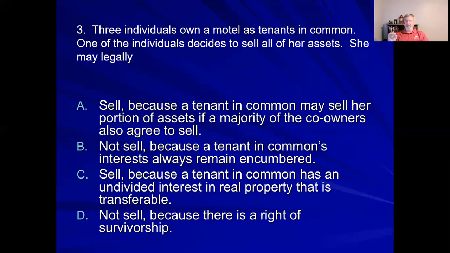So any other type of tenancy other than severalty would suggest more than one owner. Okay. So in this case, there are three owners of this motel as tenants in common. Well, if you're tenants in common, number one, you need to make sure you know the interest can be divided unequally.